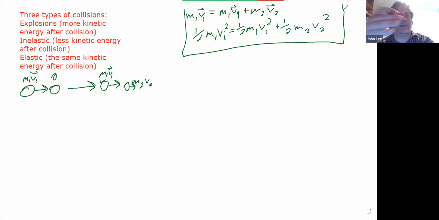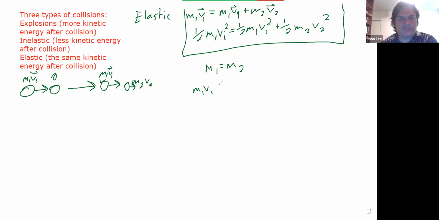So I'm just going to say that these are the conditions for elastic collisions, and then come up with the answer for m1 equals m2. So m1 V initial equals m1 V1, which is V final, plus m2 V2.